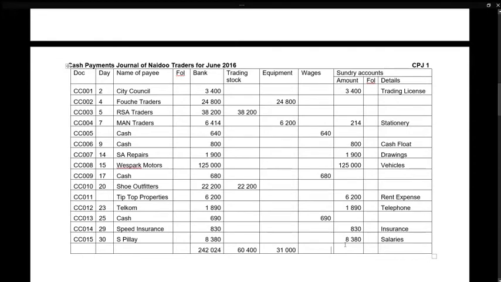If you total wages, you will get 2,010 rand. If you total your sundry accounts, you will get 148,614. Right, so if you add all of this together, you will get the total of your bank. Your bank will be the credit, everything else will be your debits.